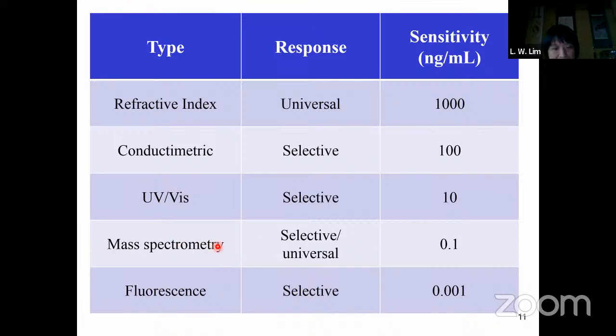If the sample is not volatile and cannot be ionized, then you cannot use it. So in other words, it is selective. But on the other hand, as long as you use high ionization energy, anything can be ionized right now. If I want to give a lecture on mass spec, I will need 1 more hour.